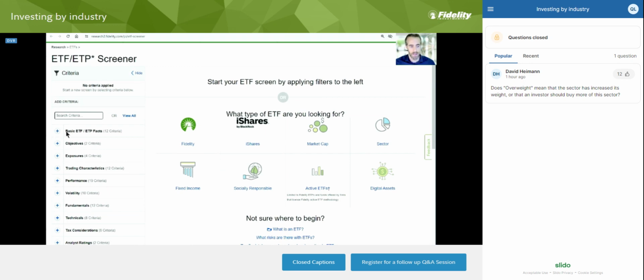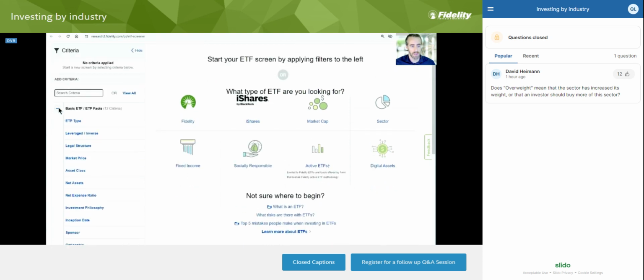From here, we can dive down into the various criteria. And by expanding exposures, would you look at that, there is an industry exposure.